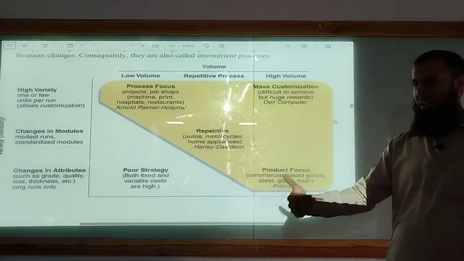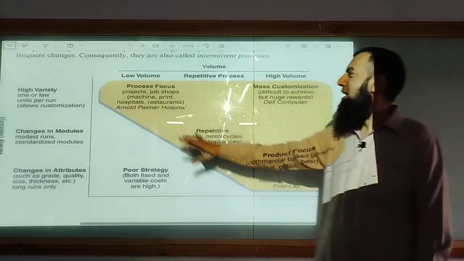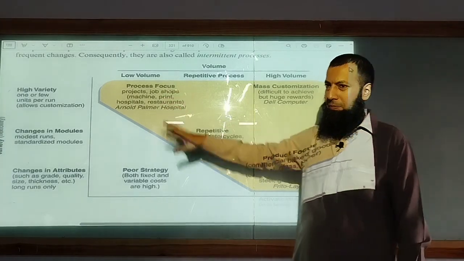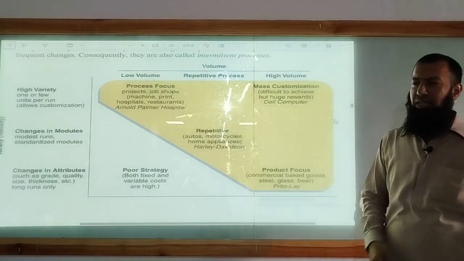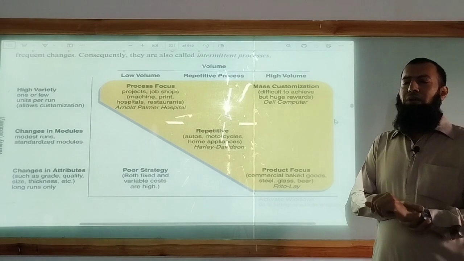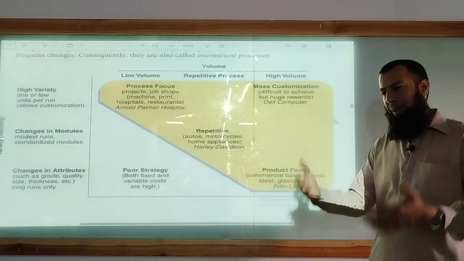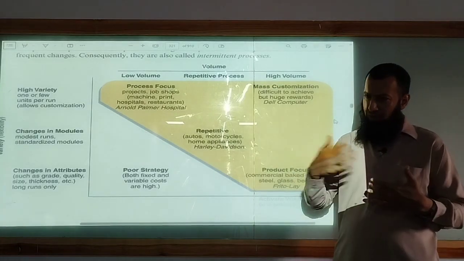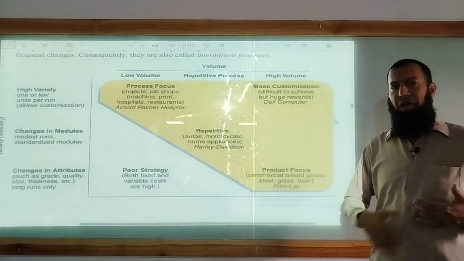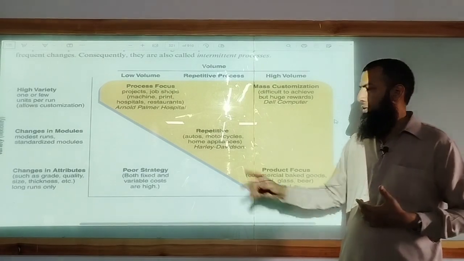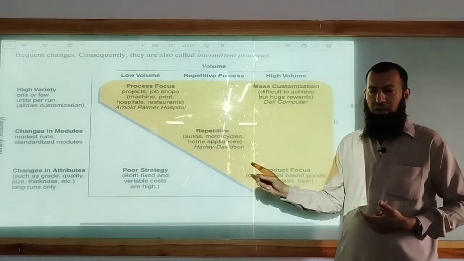Athar is sitting ahead. Process focus is a little confusing. When we call it repetitive, it means the tires are being manufactured every other second, every other minute, every other hour. That is why it is called repetitive.